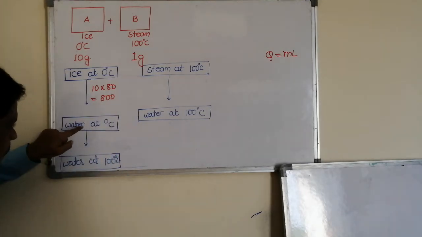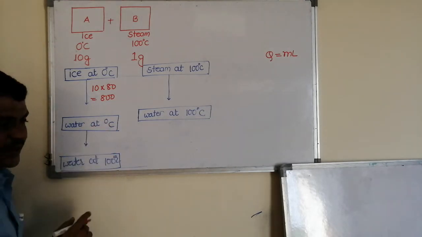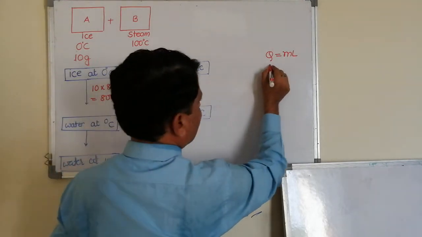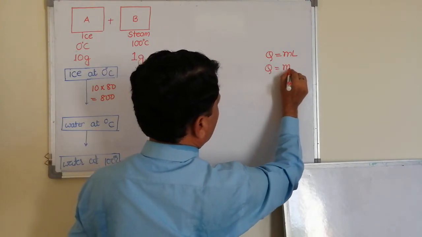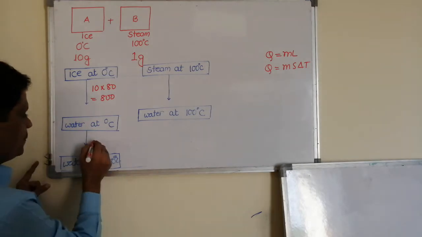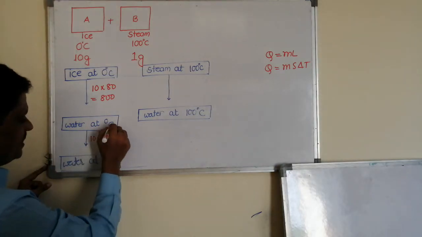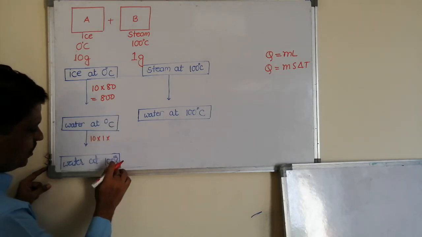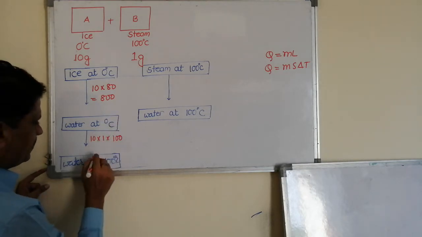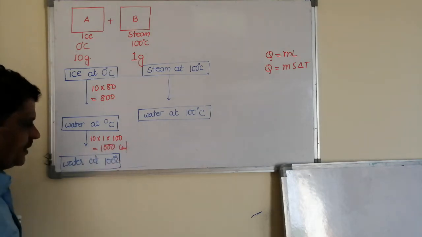Here 0 degree to 100 degree, so it is a change in the temperature. For change in the temperature, the formula is m s into delta T. So m is 10, s is 1. Change in the temperature 0 to 100 means 100. So it will be 1000 calorie.